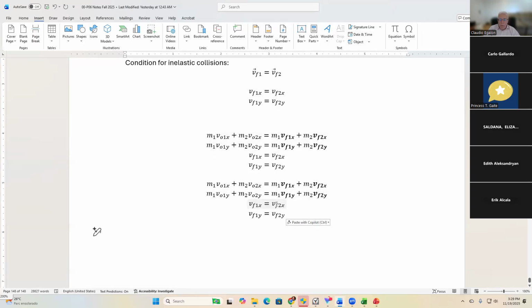Okay, now I'm going to substitute VF2x. I'm going to put everything in terms of VF1, to make it simpler. Now I don't need those 2 equations, because I already know that VF2 is equal to VF1.